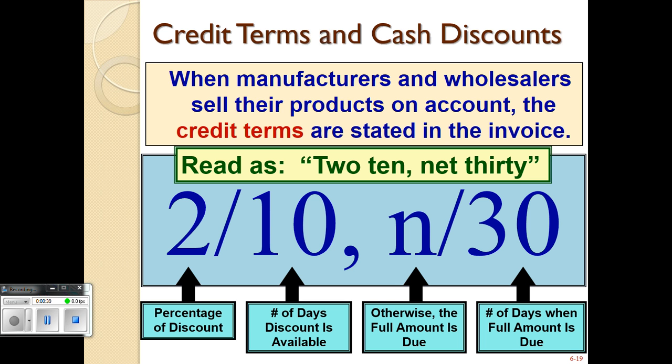What that means is you get a 2% discount if you pay in 10 days. The net amount is due in 30. Now, I know most of you would not get out of bed for a 2% discount if they were offering sale prices. That being said, that 2% discount works out to about 30-some percent in a year.